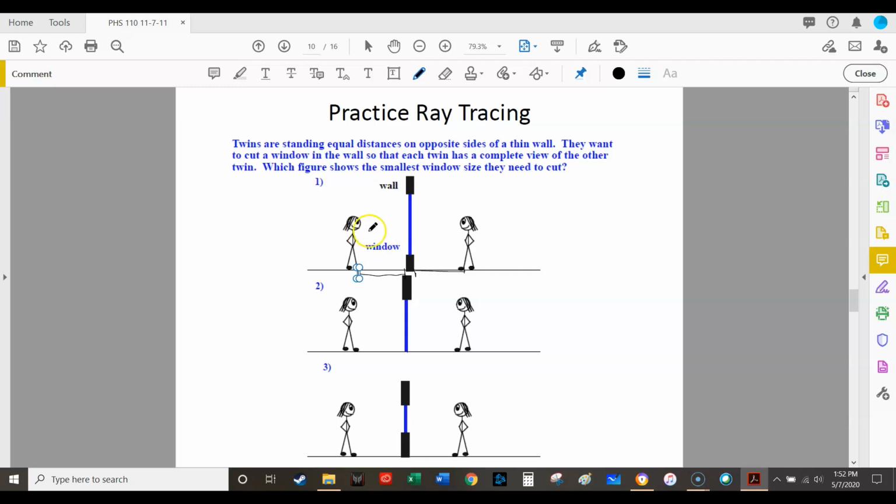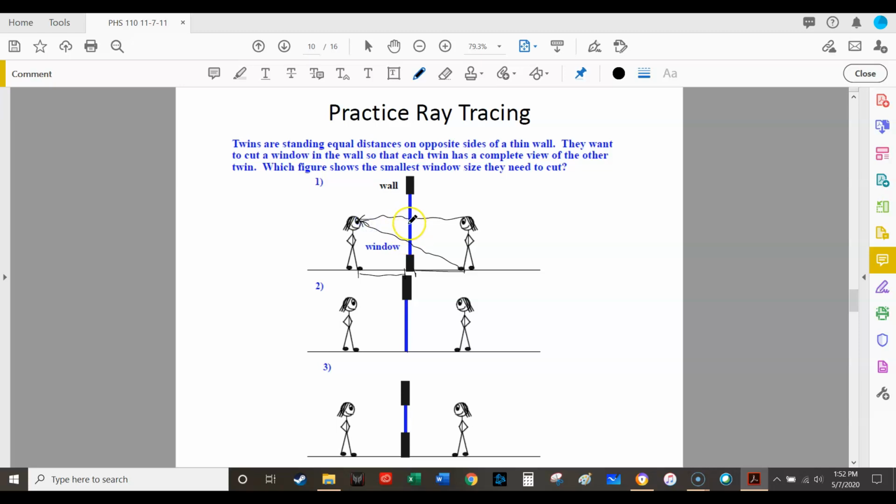Well, if you look at it, their feet are emitting light coming off and going into your eyes, correct? And then their head is emitting light along a straight line and going into your eyes.